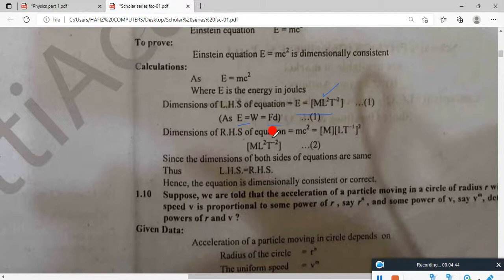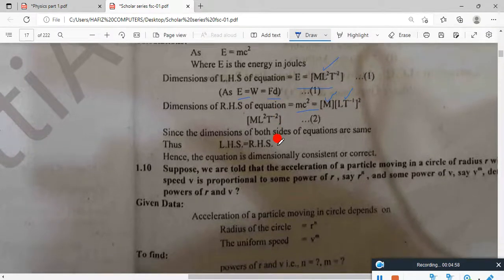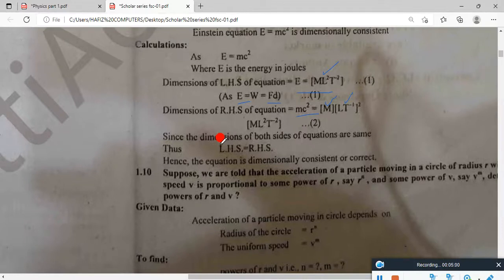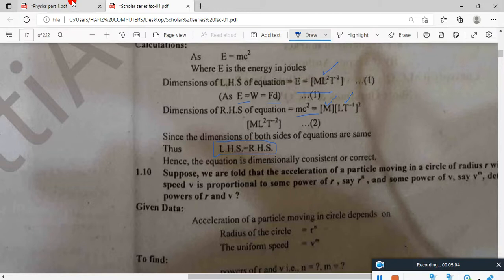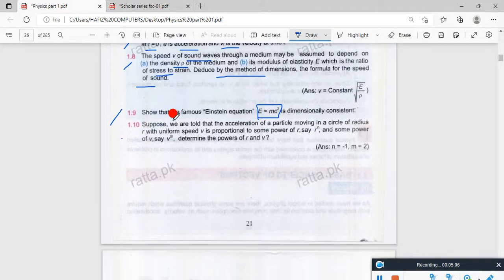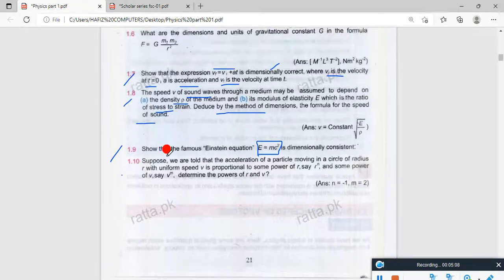Dimensions of the right hand side of the equation mc^2: m has dimension M, and c is the speed of light, with dimensions LT^-1. When we compare these dimensions, we see that the left hand side dimensions of this equation are equal to the right hand side, which we have to find in this numerical problem.